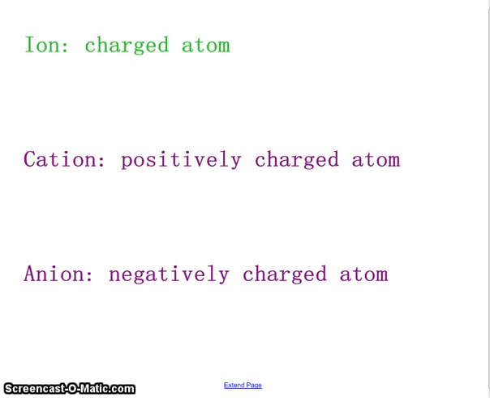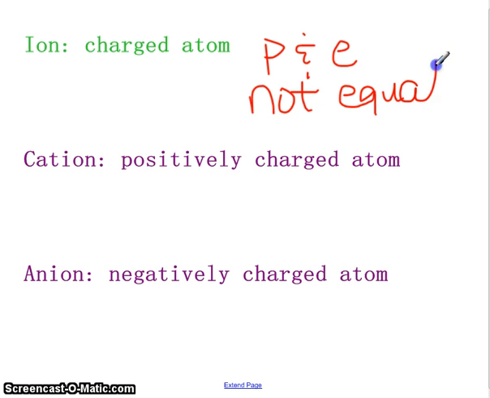Now an ion is a charged atom. So an atom becomes charged when the protons and the electrons are no longer equal, like I just showed you in those 3 examples. There are 2 types of ions. One of them is called a cation, and the other one is an anion. A cation is when it has a positive charge, and one way to remember that is the T in cation looks like a plus sign.